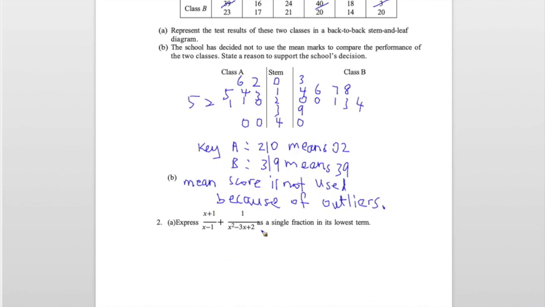Alright, the next sum is on simplifying algebraic fraction. The thing about the algebraic fraction is that usually both fractions have the same factor. So if there's x minus 1 here, likely there is a x minus 1 on this side. Remember that when we add or subtract fractions, we need the same denominator.